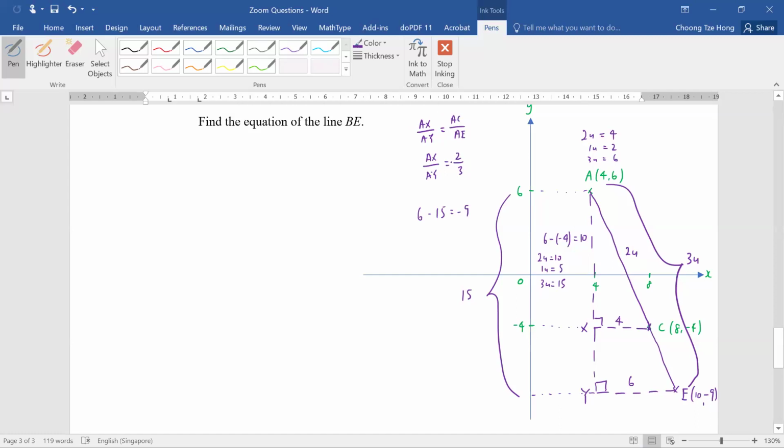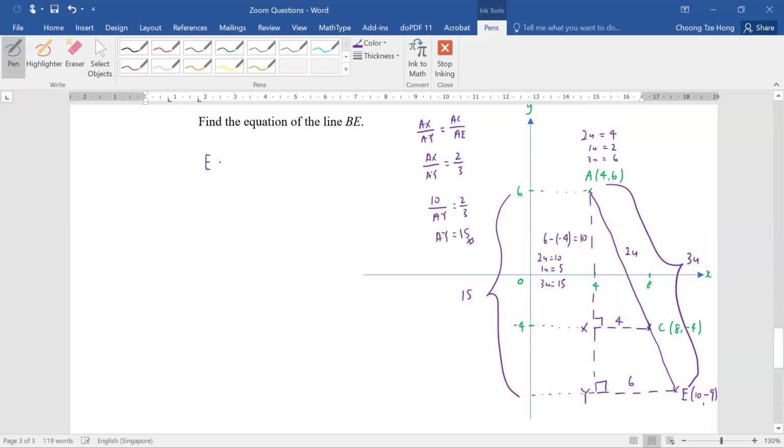We know AX is 10, so if we sub this with 10, 10 over AY equals 2 over 3, then AY is going to be 15, because 10 over 15 will give us 2:3. Then you can do the same thing for CX over EY, and you will also be able to get the 6. So the coordinates of E will be 10, -9.